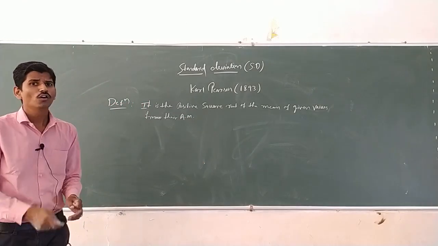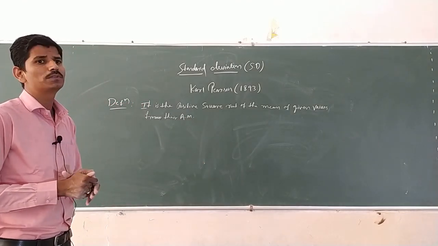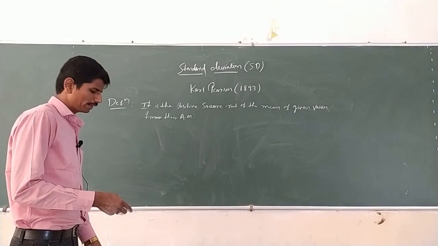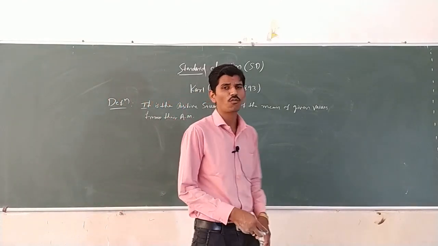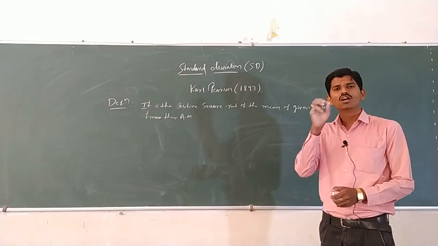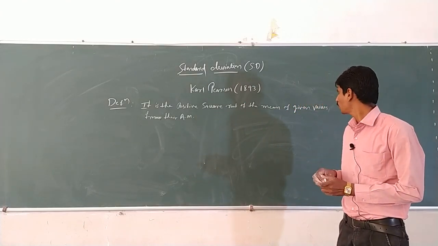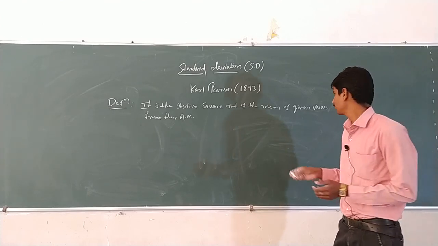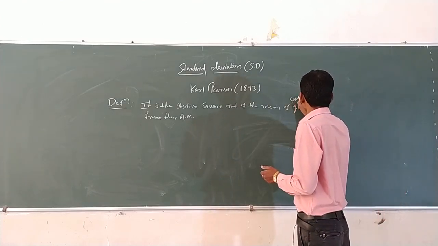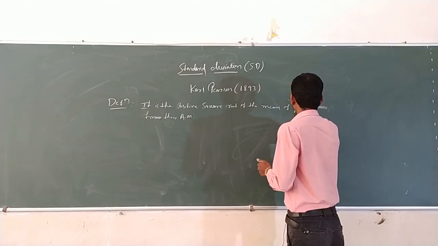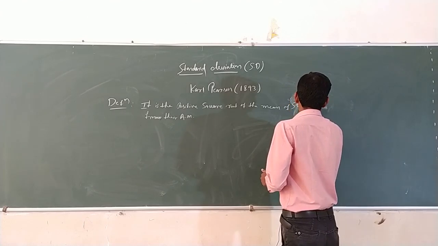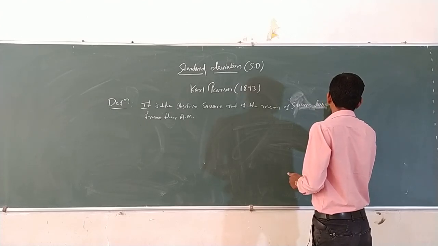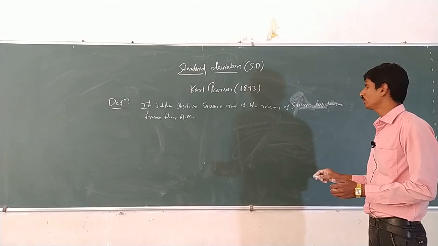It takes only positive values. It is the positive square root of the mean of the square deviations of given values from their arithmetic mean.